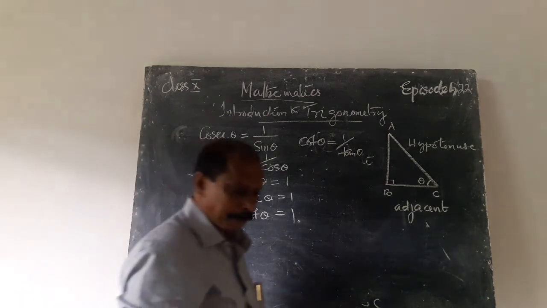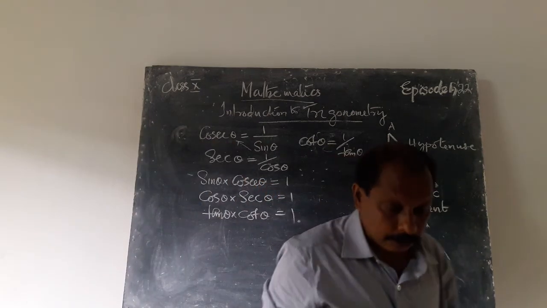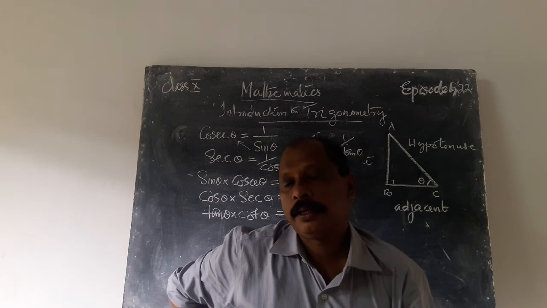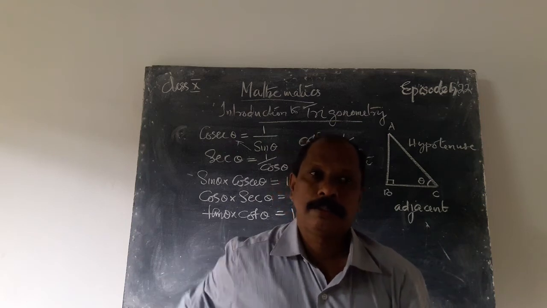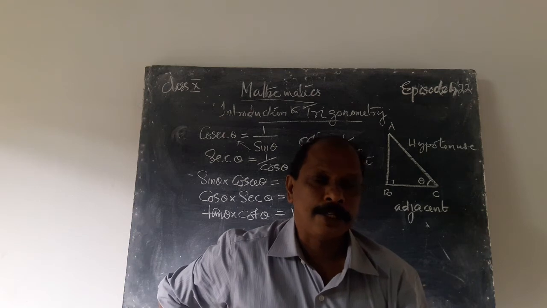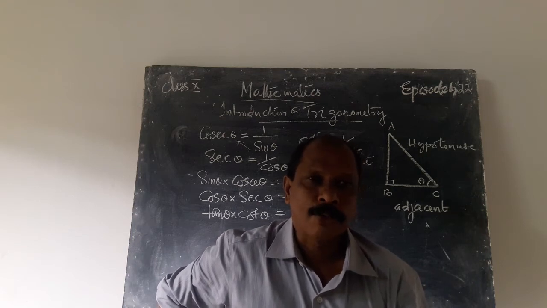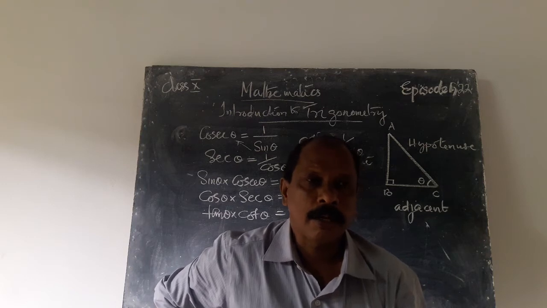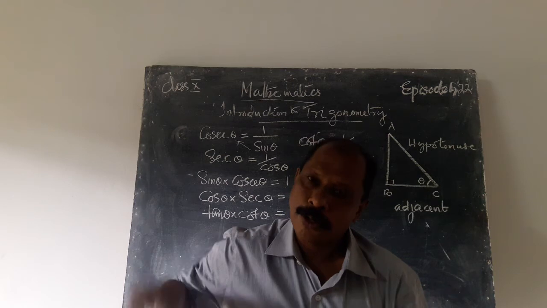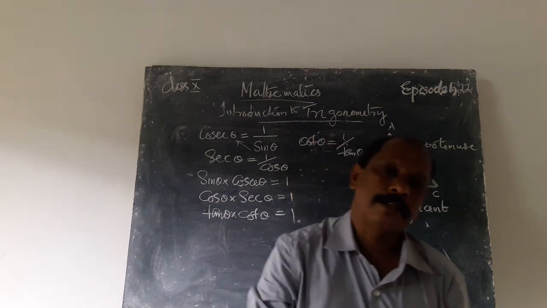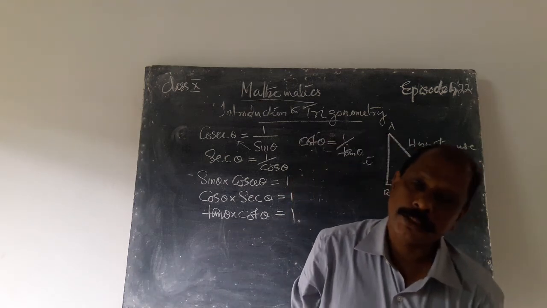That means the product of any trigonometric function and its reciprocal is 1. That means sin theta into cosec theta is 1, cos theta into sec theta is 1, tan theta into cot theta is 1. 1 by sin theta is cosec theta. 1 by cosec theta is sin theta. 1 by cos theta is sec theta.